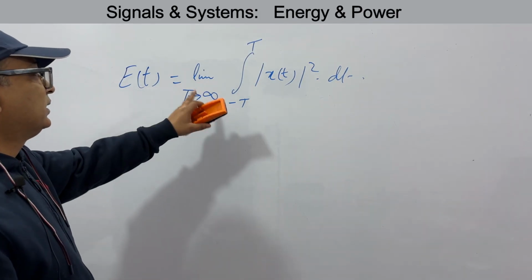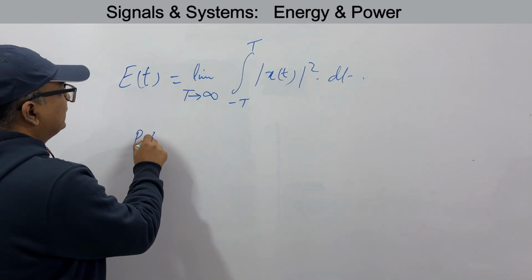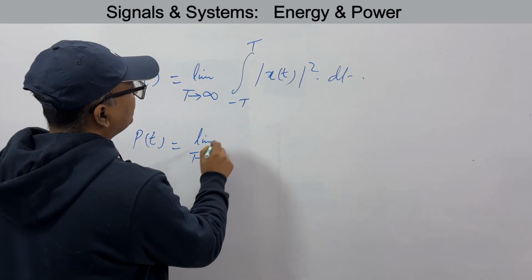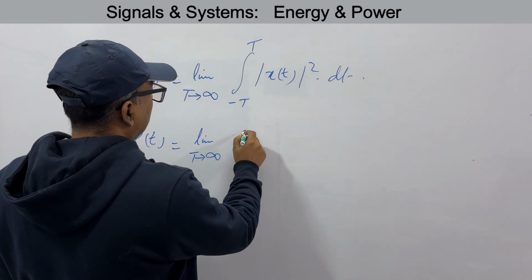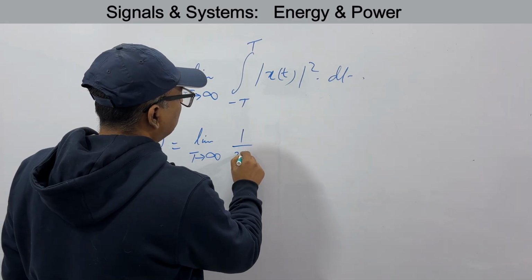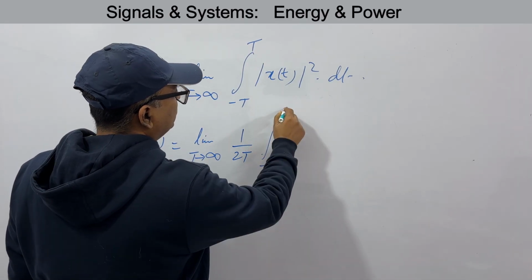Simple. We'll have to take this limit, and power will be similar to it. It will be limit T tending to infinity of 1 by 2T, integral from minus T to T.